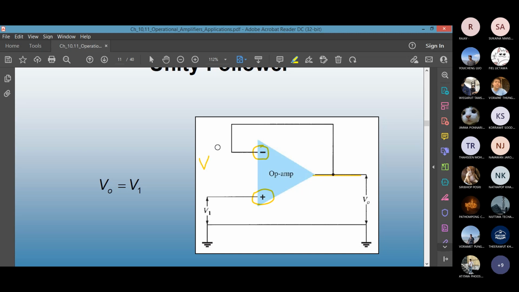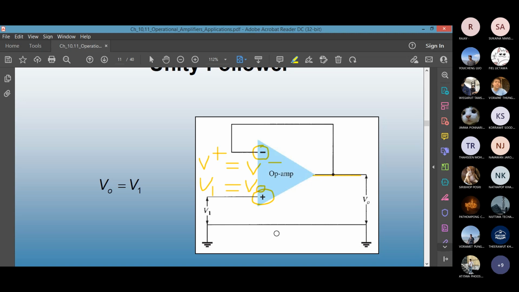Again, using the assumption V plus equals V minus. What is the voltage at V plus? V1, the input voltage. What is the voltage at V minus? See where it's connected: V out. So V1 equals V out. As you can see, they have exactly the same input and output. It is called a unity follower.